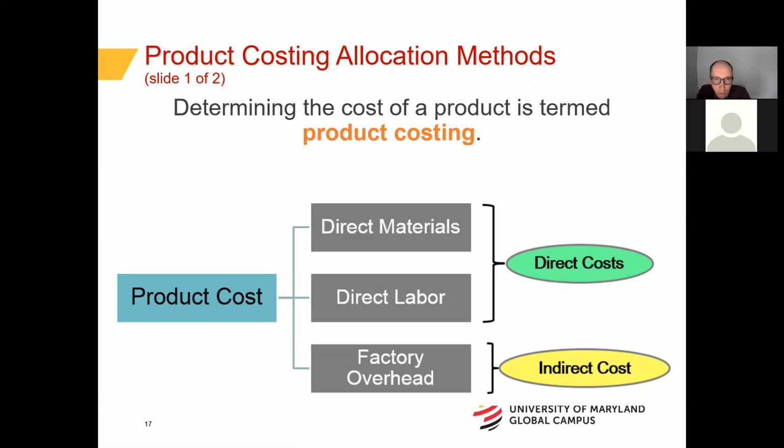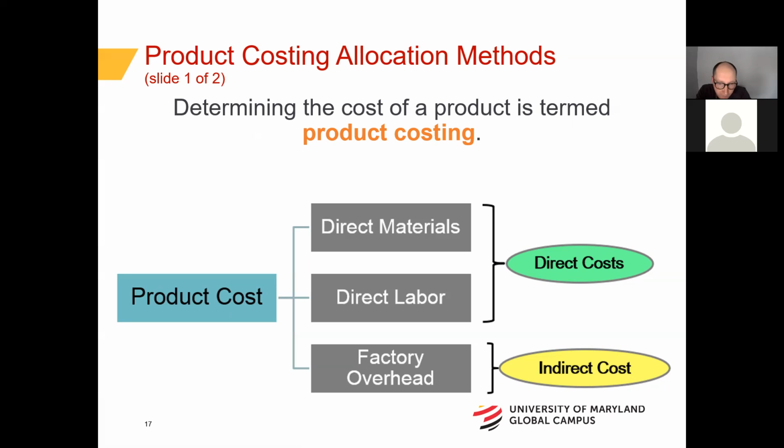So we know that a product cost consists of direct materials, direct labor, and factory overhead. What you hopefully also know is that direct materials and direct labor are also called direct costs. The concept of a direct cost means we can directly trace the cost to a finished good.